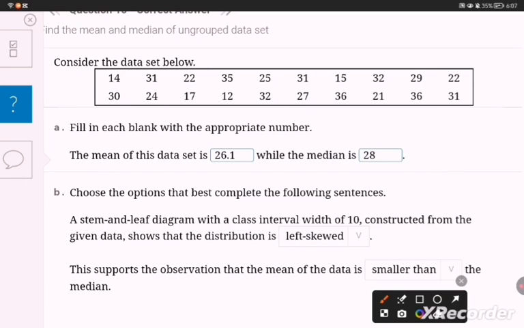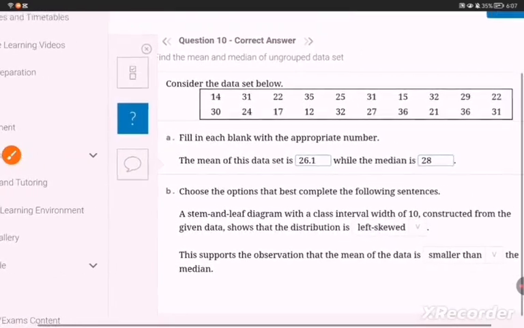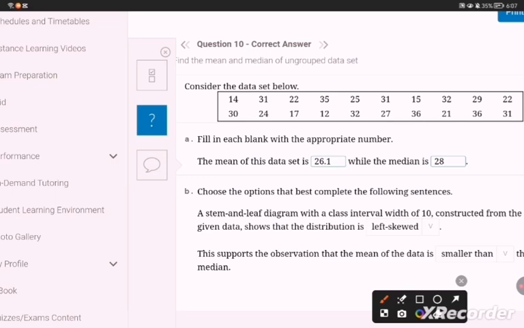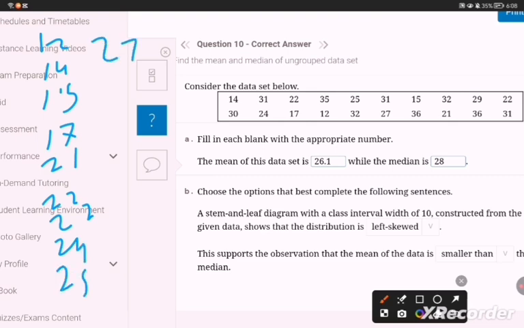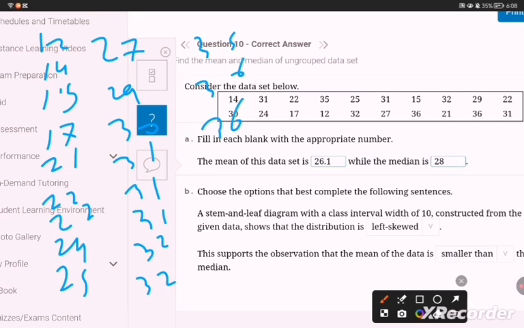Okay? Now the median, unfortunately, it's not arranged, so you're going to have to just arrange it on the side. Okay? So you're going to have 12, 14, 15, 17, 21, 22, 22, 24, 25, 27, 29, 30, three 31s, two 32s, 35, 36, and 36.